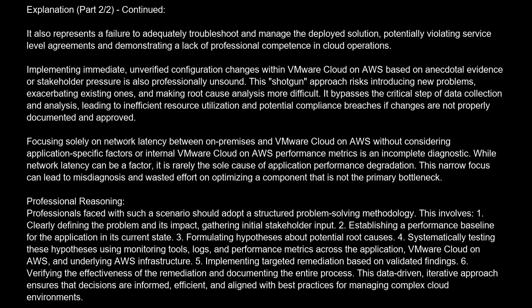Systematically testing these hypotheses using monitoring tools, logs, and performance metrics across the application, VMware Cloud on AWS, and underlying AWS infrastructure. 5. Implementing targeted remediation based on validated findings. 6. Verifying the effectiveness of the remediation and documenting the entire process. This data-driven, iterative approach ensures that decisions are informed, efficient, and aligned with best practices for managing complex cloud environments.